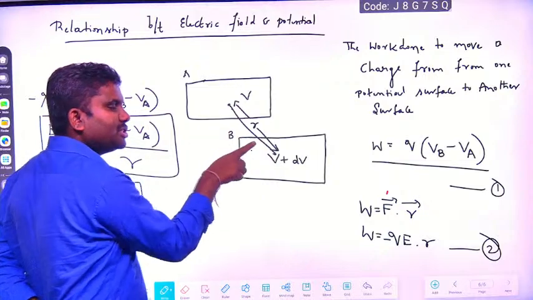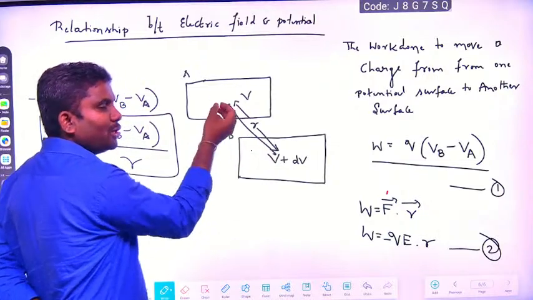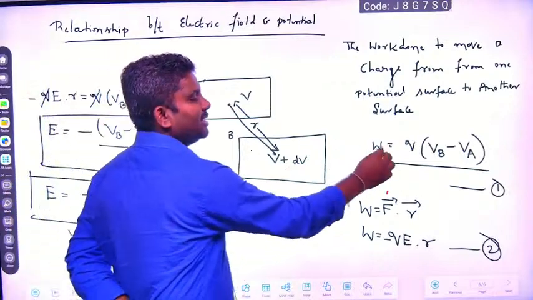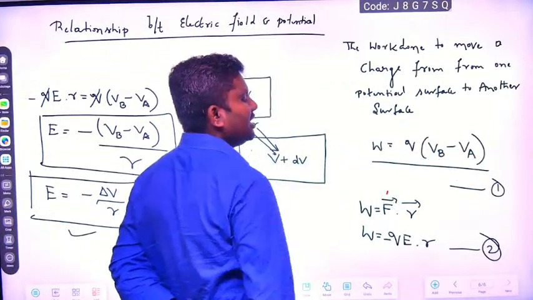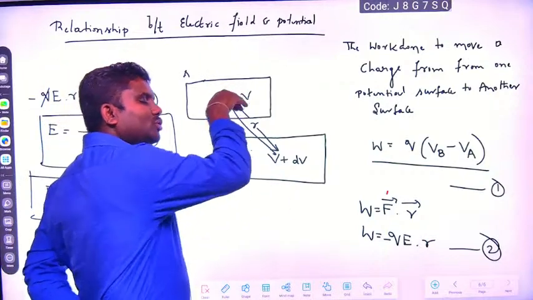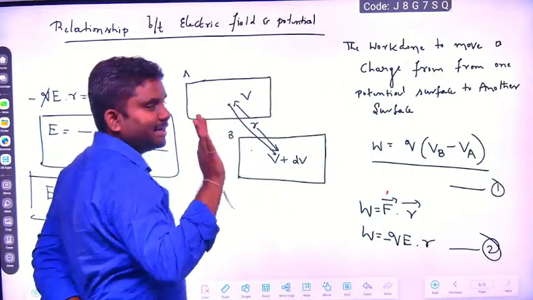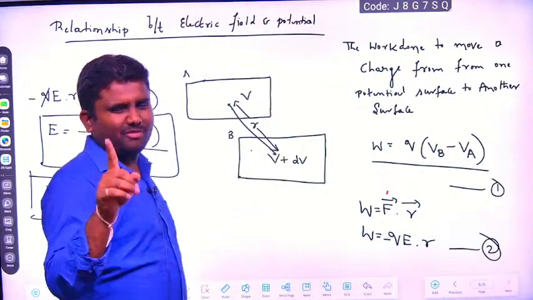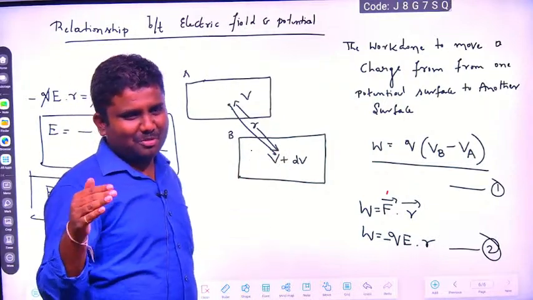If you want to move a charge from one plate to another plate, what do you need to do? You need to do work, because there is a difference in potential. So what is the work done? Q into VB minus VA. We also know that the work is done against the electric field, because where there is potential there are field lines. We studied this in equipotential surfaces. What is the property of equipotential surfaces?